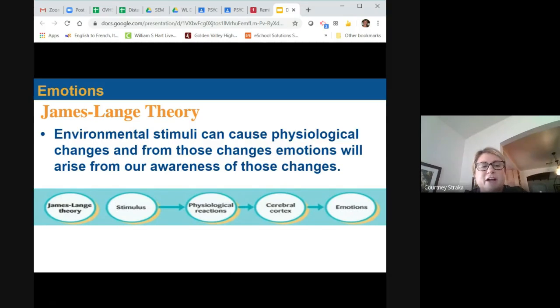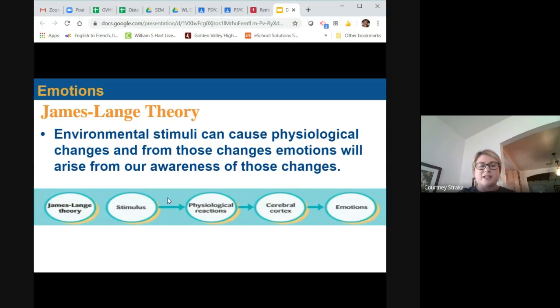It says that environmental stimuli, things happening in the world around you, can cause physiological changes. It can cause your body to react using either the sympathetic or the parasympathetic division. And from those changes, emotions will arise because we are aware of those changes.